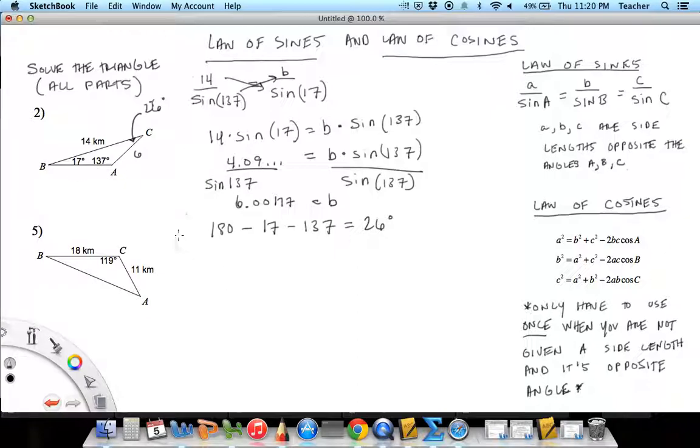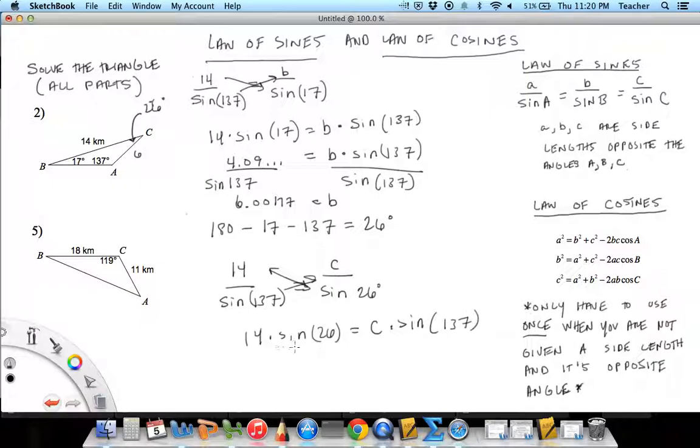To find that, I'm just going to take my original side A and angle A. So I take 14 over sine 137 equaling, since my angle here is 26 degrees, side C over sine 26 degrees. If I do the same math I just did, I get 14 times sine 26 equaling C times sine 137.